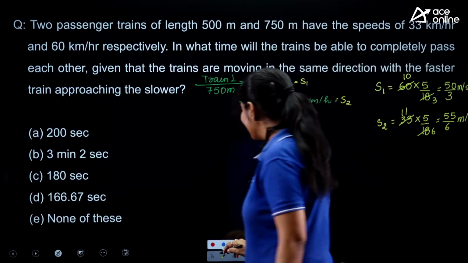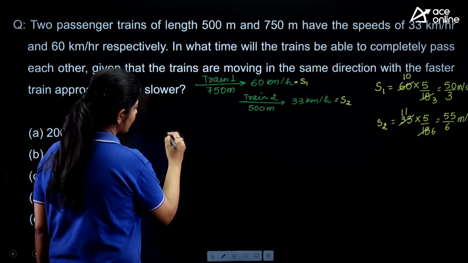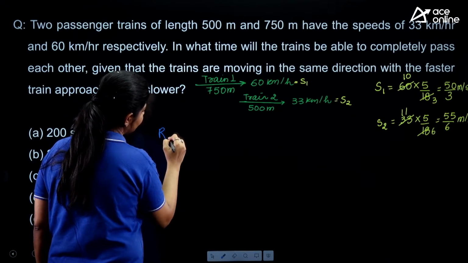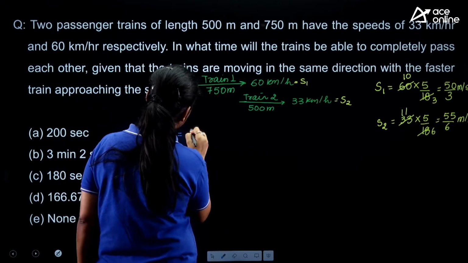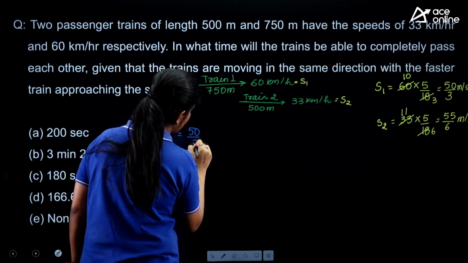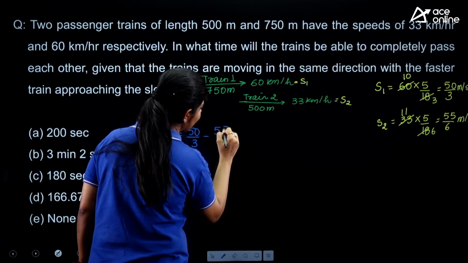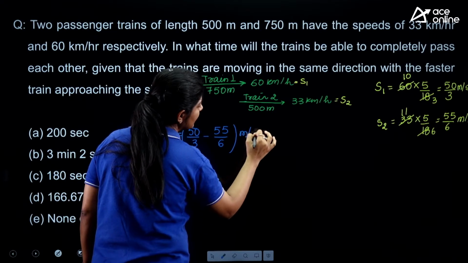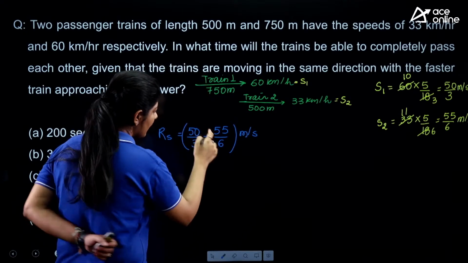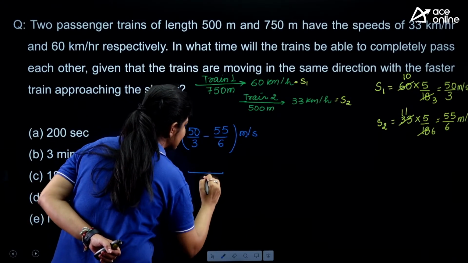Now, as they are moving in the same direction, the relative speed is nothing but 50 by 3 minus 55 by 6. This is my relative speed, meter per second, right? Now when I solve this, I can take 6 as my LCM.